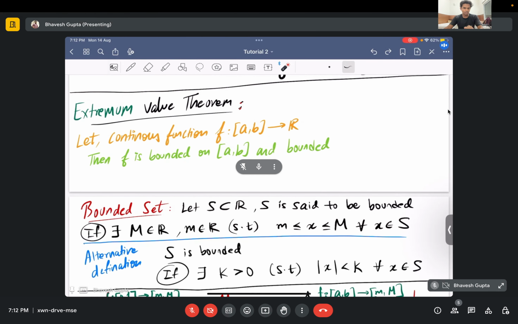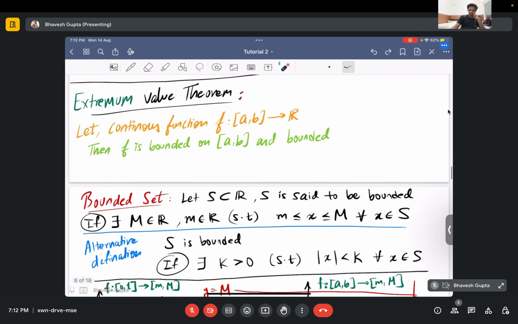Okay, now we will move to the extreme value theorem. This extreme value theorem is important because it tells you about the extremum values of the function.